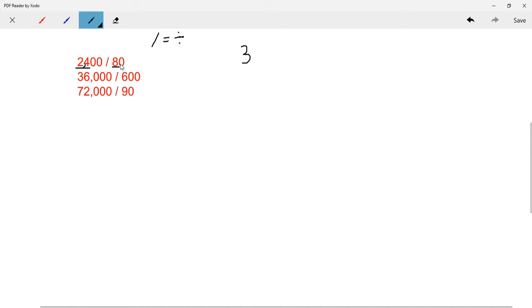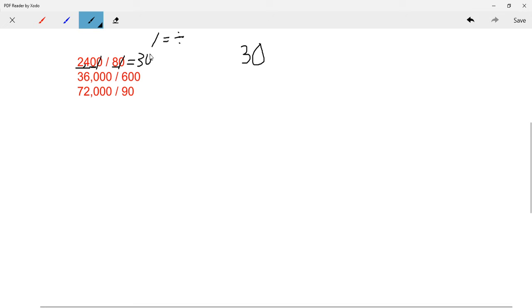And then, since there is one 0 at the end of the divisor, this number, we can cross out one of the zeros, and then we just have to add any of the remaining zeros. So the answer is going to be 30. Okay?